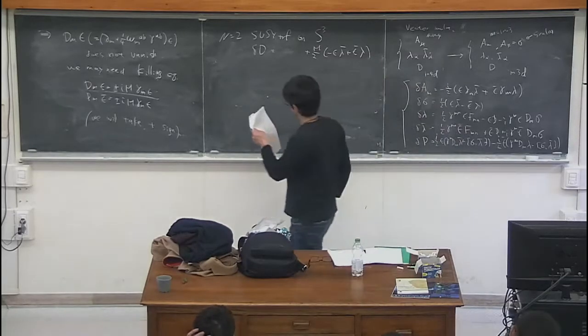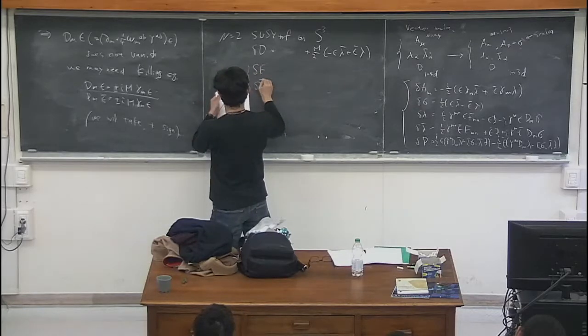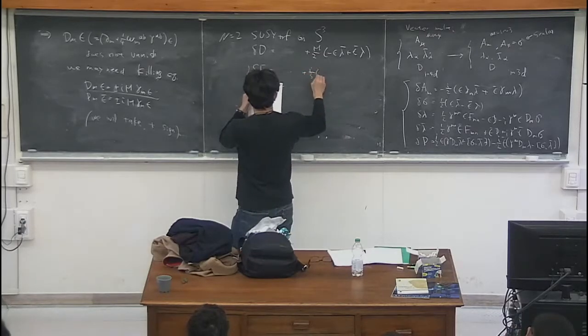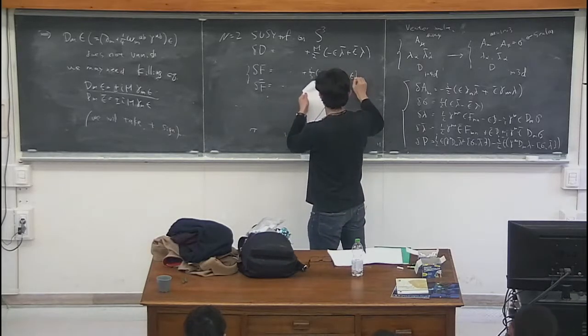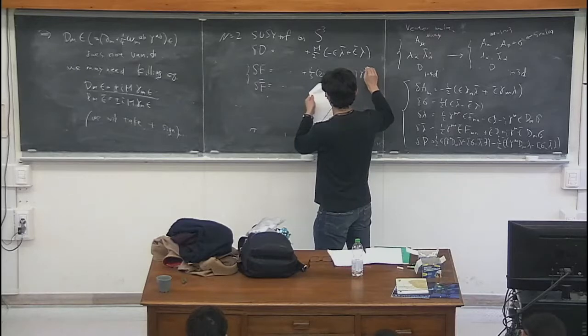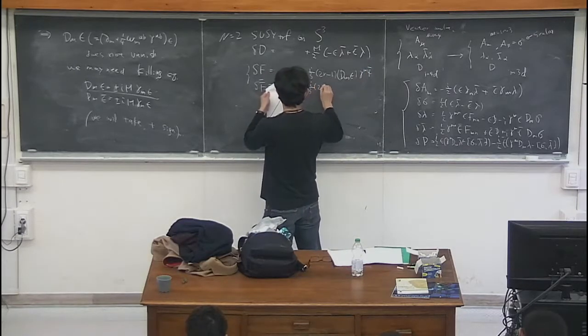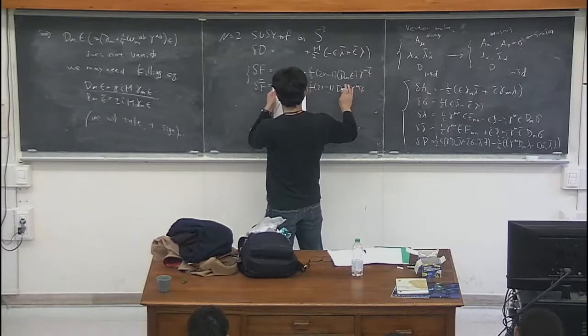And for delta F, or for the chiral superfield, we need to add 3 over pi times alpha minus 1, times psi bar.